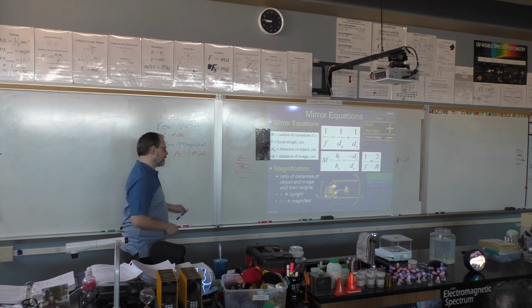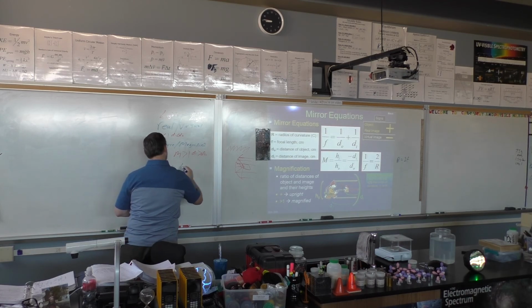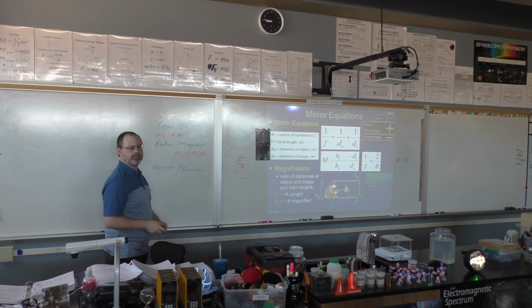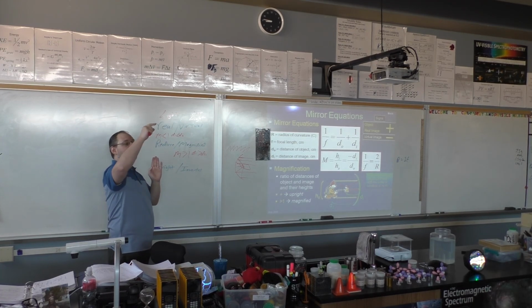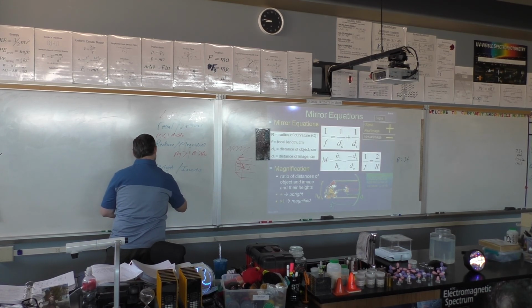And the last word: is it upright or inverted? How do you know if something is upright or inverted? If the top light beam becomes the bottom light beam, it's inverted. Also, in an upright image, the magnification is positive.